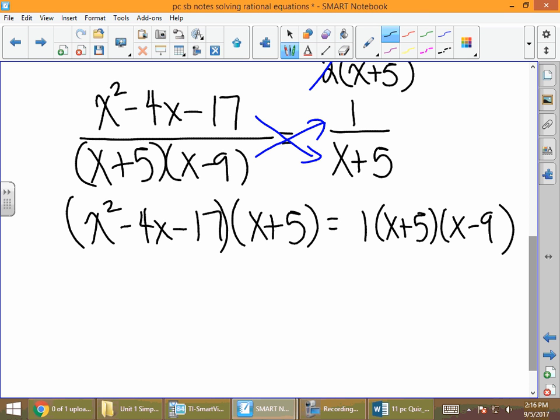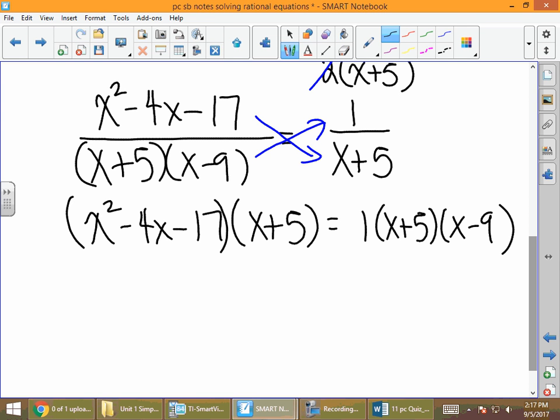No, you don't have to write the 1. But what can make life a little bit easier in this problem is noticing that we have an x plus 5 on the left side of the equation and we have an x plus 5 on the right side of the equation.